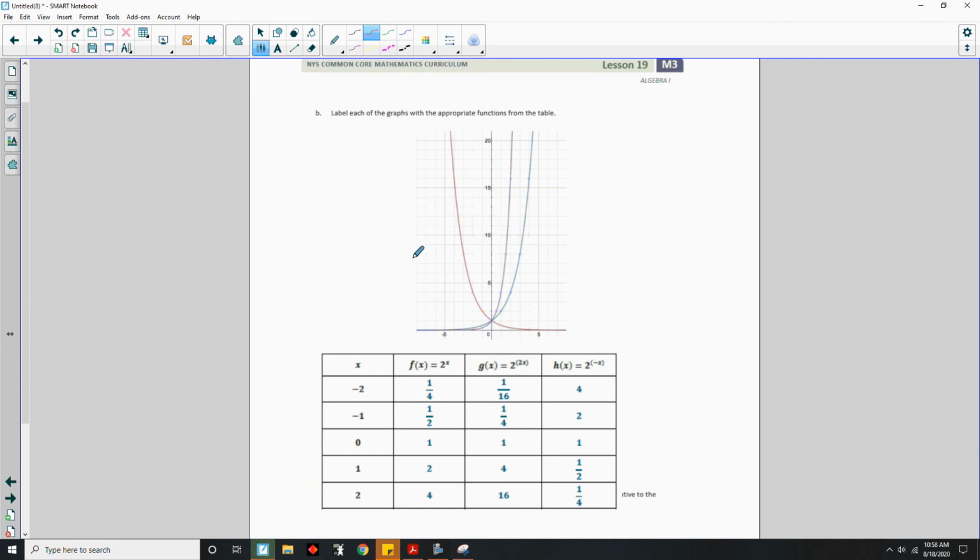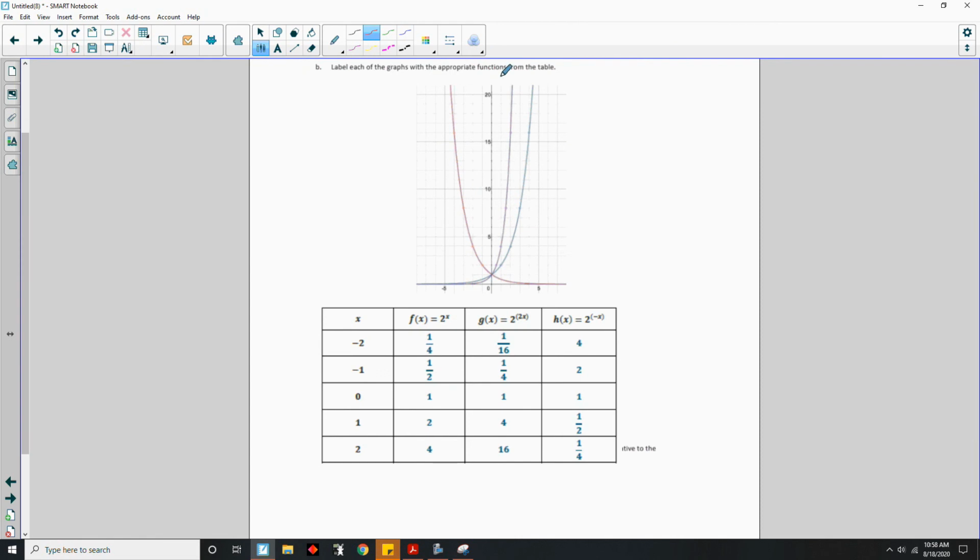Okay, page 4 brings us to part B. It says to label each of the graphs with the appropriate functions from the table. So notice here that they're all crossing right here at the point (0, 1). So this point here is not helpful to us in determining which function goes where.